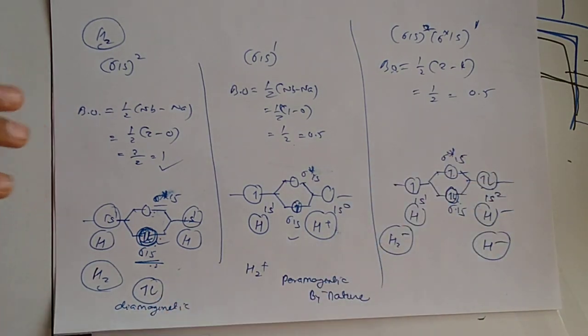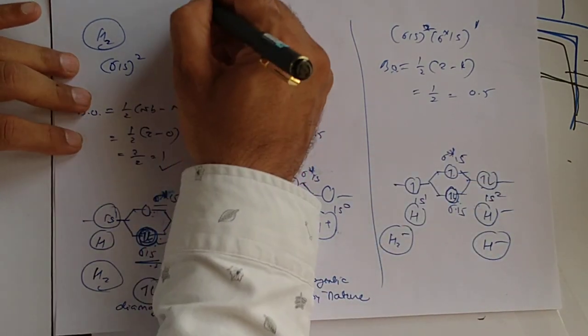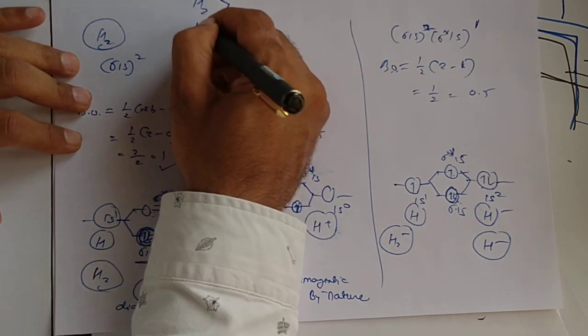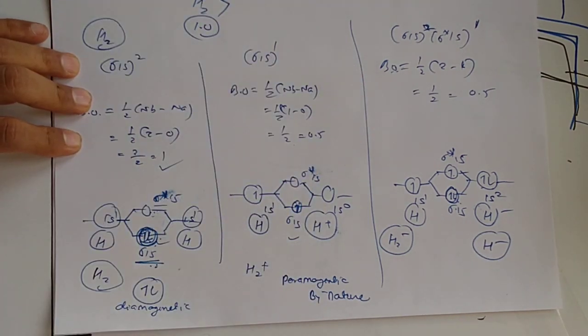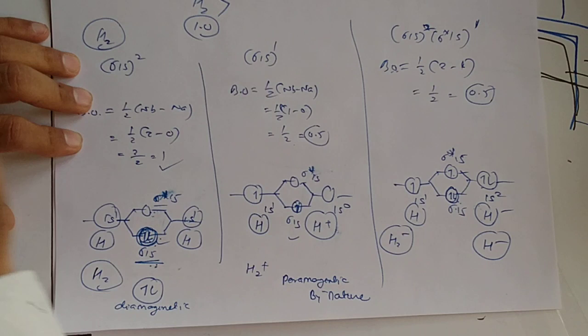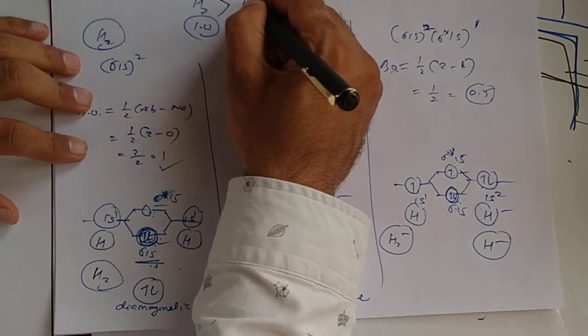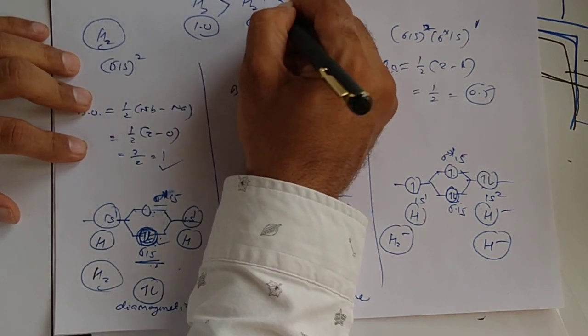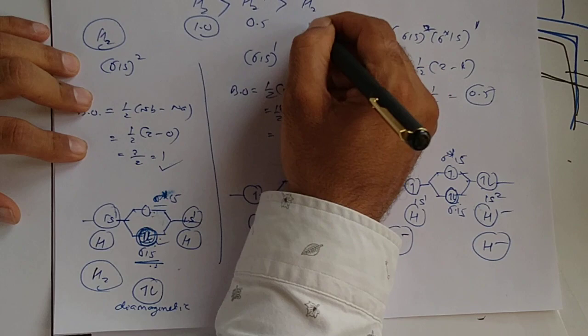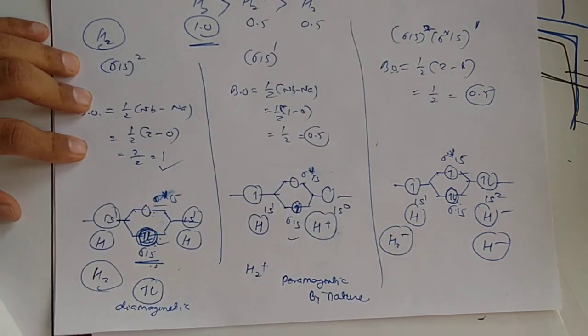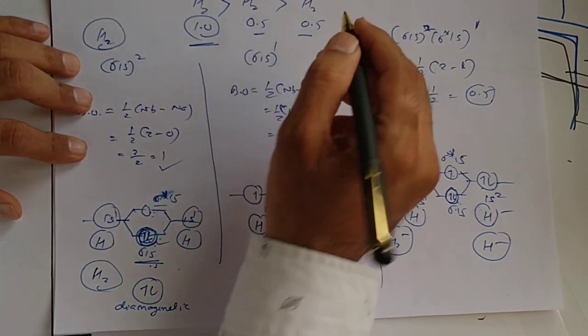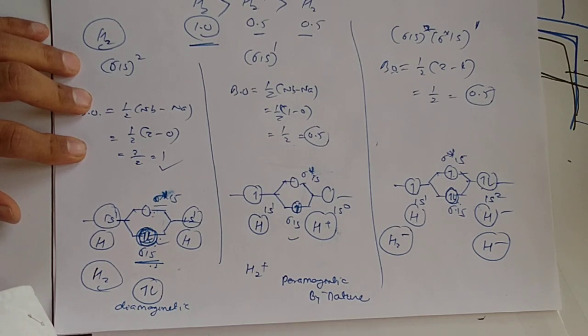So now give the order of stability. Obviously H2 is more stable, bond order 1. But out of these two, which is more stable? That is the question. H2 plus is more stable. Where bond order increases, stability increases, no problem. Here bond order is the same, so how can we define which is more stable?